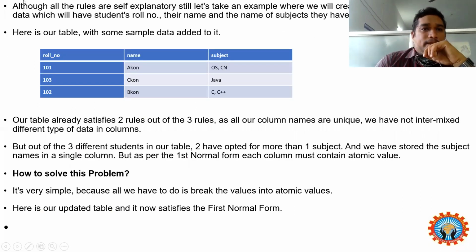The rules are self-explanatory, but let's take an example to understand. The data we have is the students' names and the name of the subject they have opted for. This is our table.